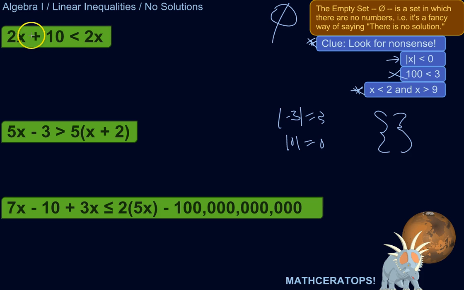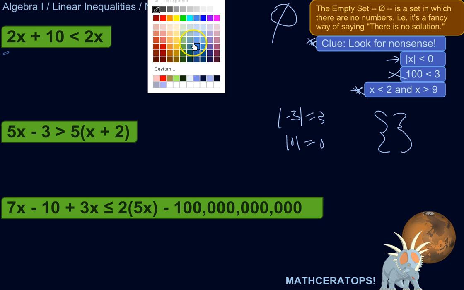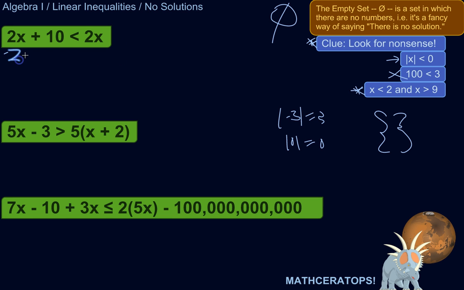So we want to get x's on just one side of the inequality. So maybe I want to move this 2x over to this side. Let's say I move this 2x over by subtracting it. So I subtract 2x, and I've got to do that to the other side of the inequality. So left over here is 10. 2x minus 2x is 0.